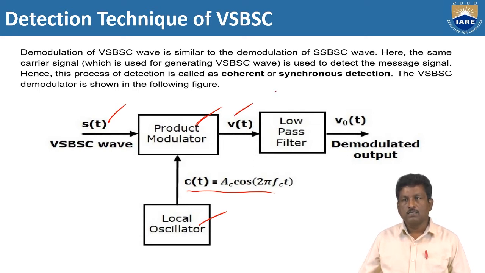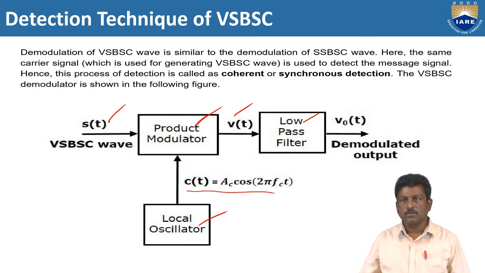Then there is the arrangement of the low pass filter. Because this is a demodulation or detection technique, our aim is to retrieve the original signal M of t. The modulating signal always lies in the low frequency range, that is the audio frequency range, 20 Hz to 20 kHz.